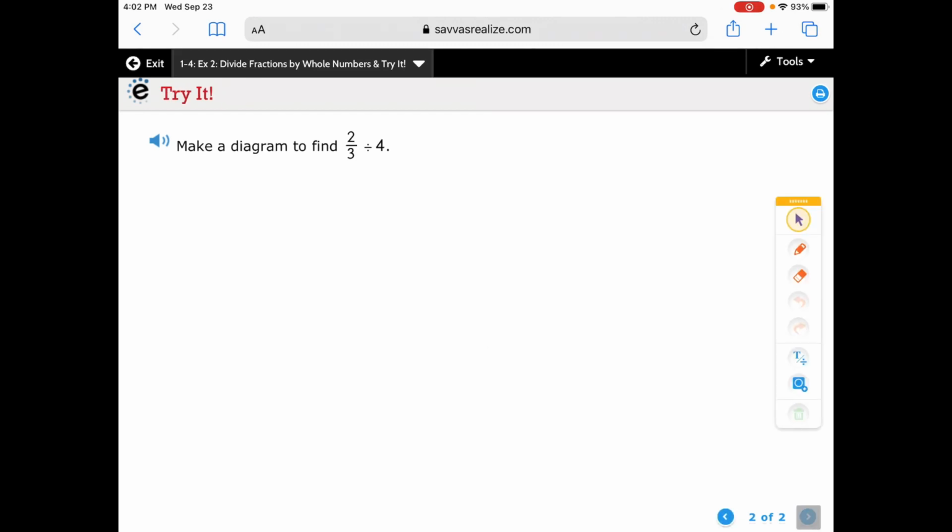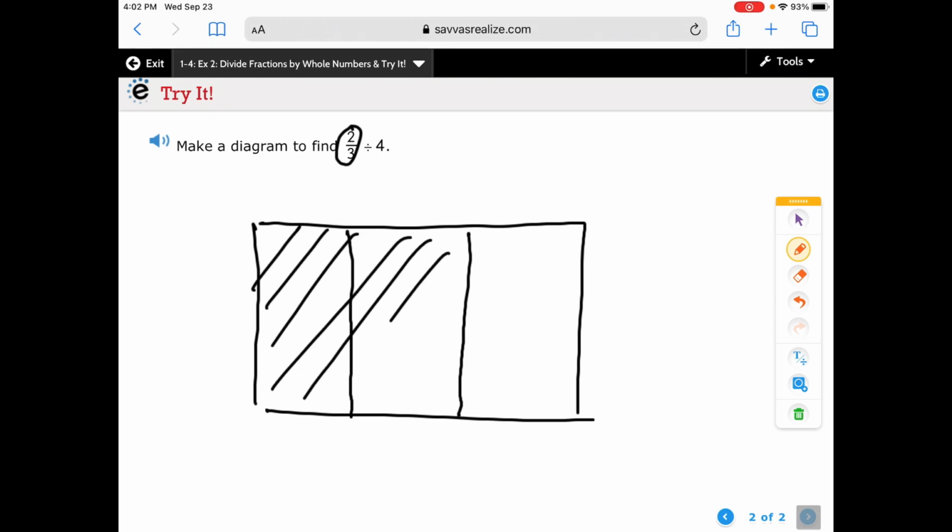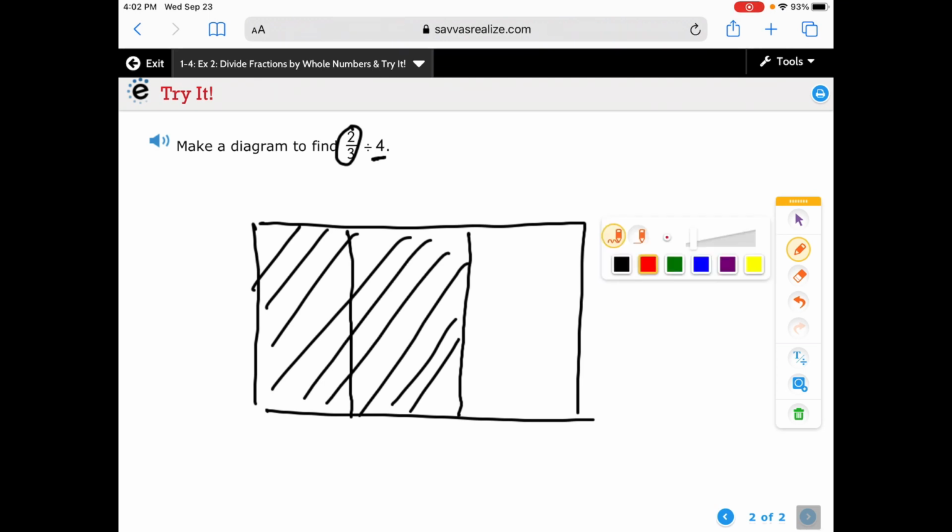So let's take a look at this one here, where it says to make a diagram. All right, so let's sketch this out. We're going to draw a rectangle again. So for the beginning 2/3, and we'll do this mathematically afterwards, after the drawing. We have 2/3. So this is what we actually have here. And then the 4 indicates what we're going to cut that into.